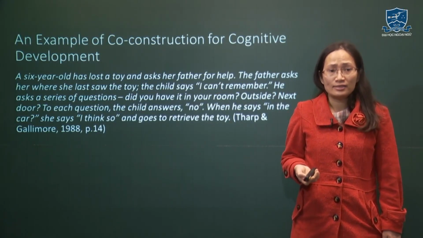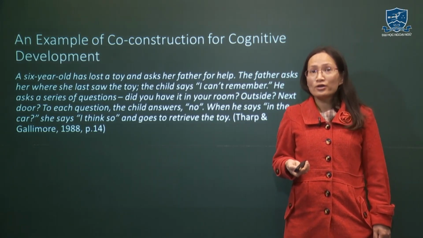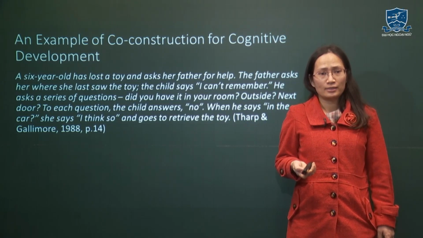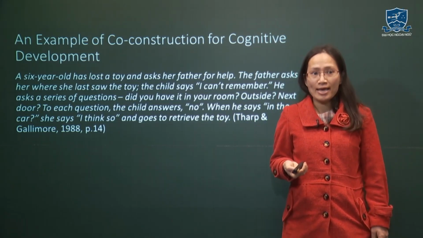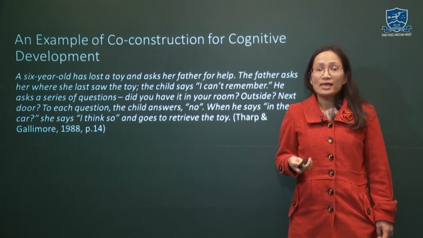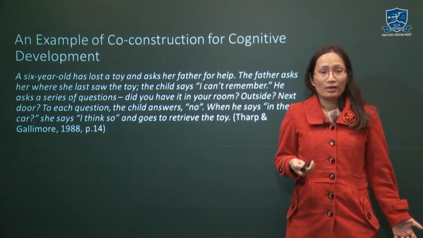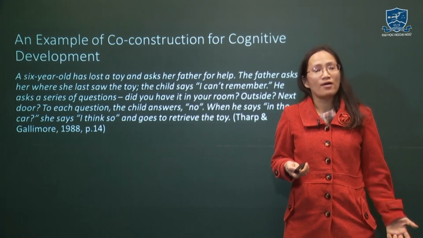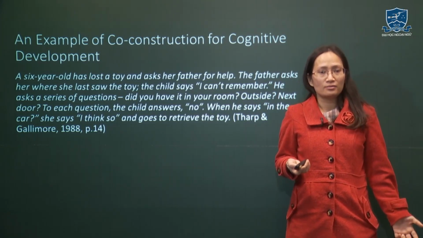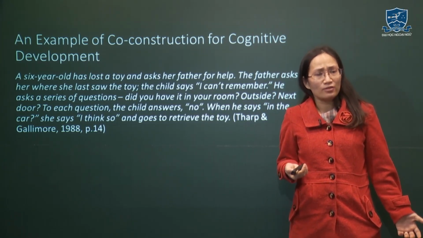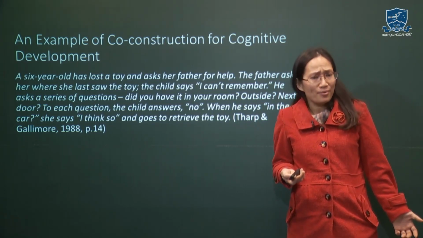Let us study this example of co-construction for cognitive development. The situation here is that a 6-year-old has lost her toy, and she asked her father for help. The father asked her where she last saw the toy. The child said, "I can't remember."